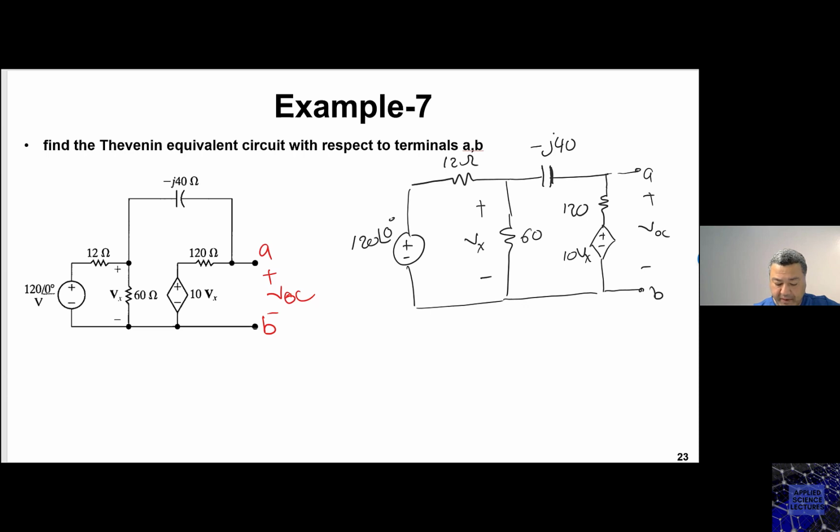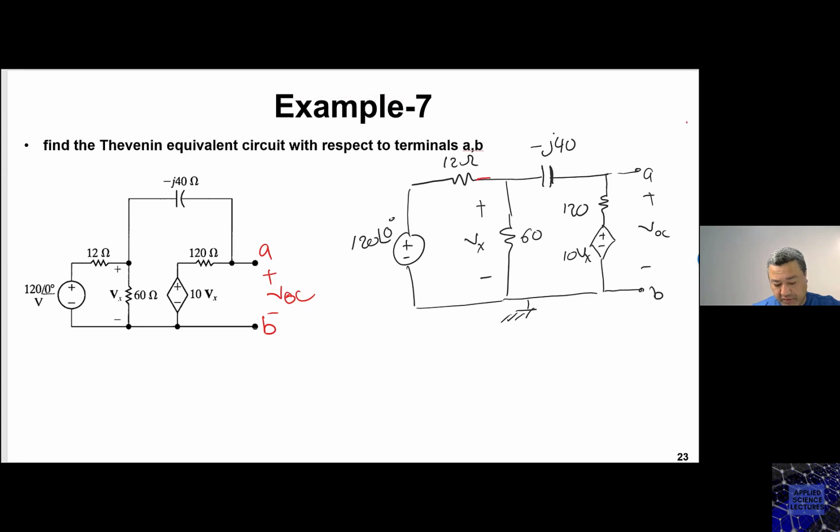Now, we can use nodal analysis if we put our ground here and we say that this one is V1. So let me do this exactly the same way we used to do nodal analysis.